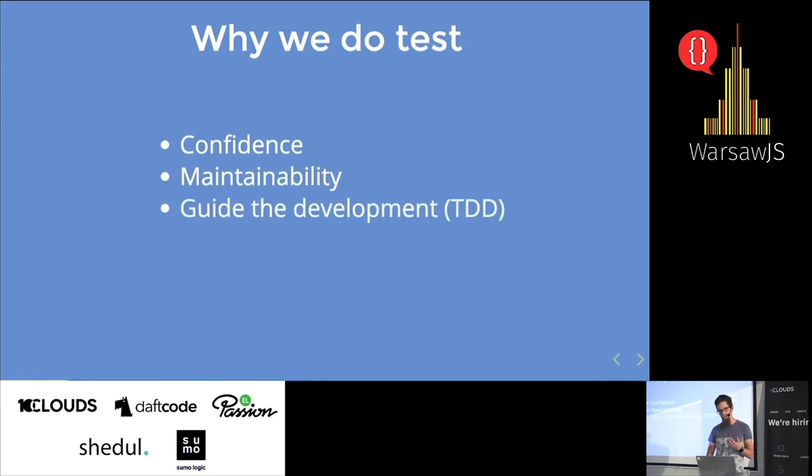And the next thing is that if you work with test-driven development, it acts as a guide for you. You write the test first, and this gives you how your code should behave, and you can fail and pass the tests you write over and over again.